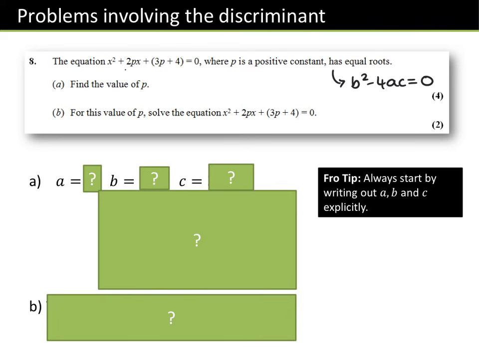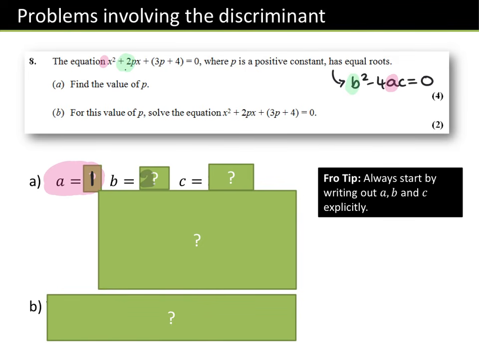So, again, we're going to use the colour coding. Your A is the coefficient in front of the x squared, which in this case is 1. You need to write this down. Your B is the coefficient in front of the x, which in this case is positive 2p.